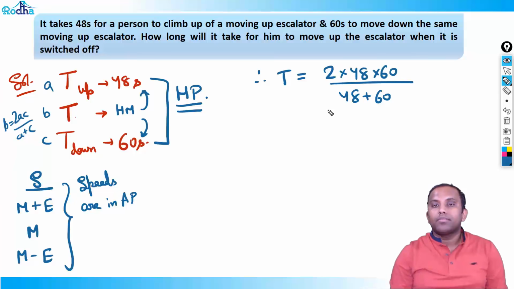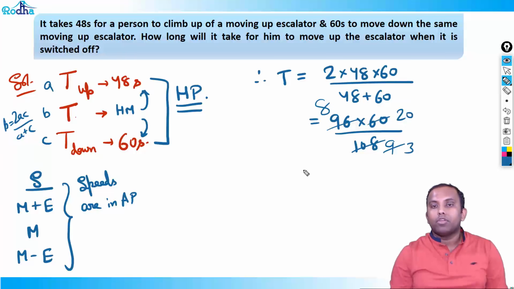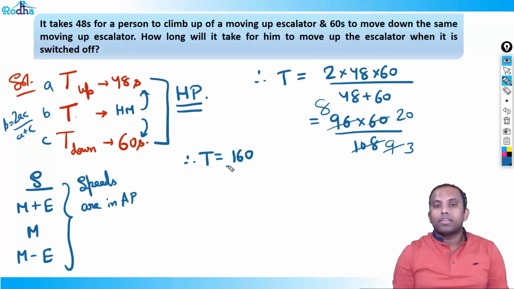That is 96 into 60 by 108, which simplifies to 160 by 3.